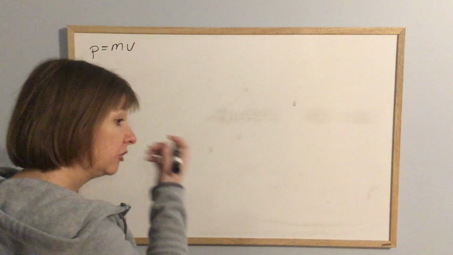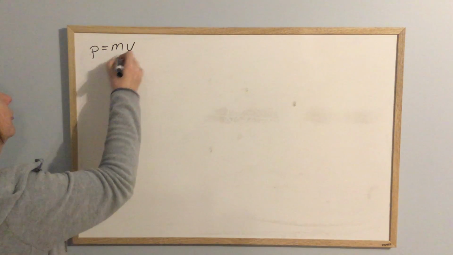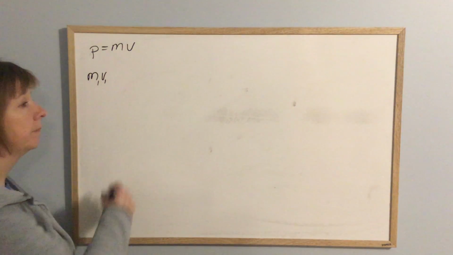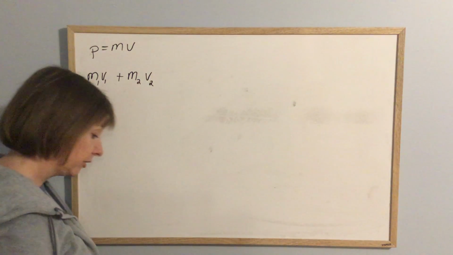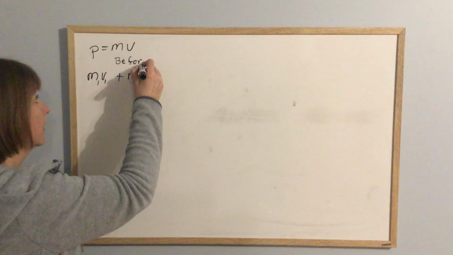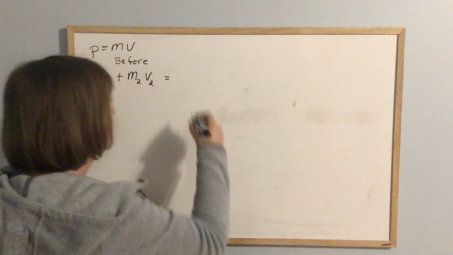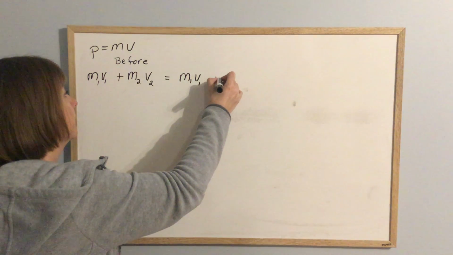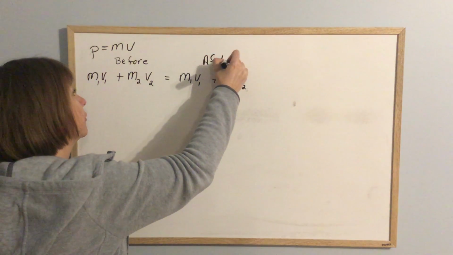So the law of conservation of momentum said, if you take the momentum, which is mass times velocity, of object 1 and add it to the momentum of object 2 before the collision, it has to equal the momentum of the first object plus the momentum of the second object after the collision.